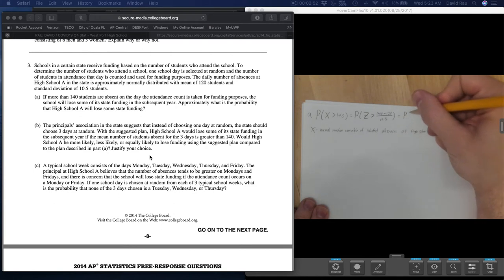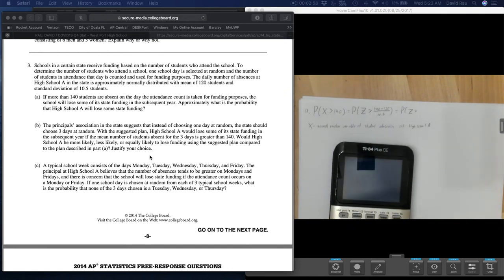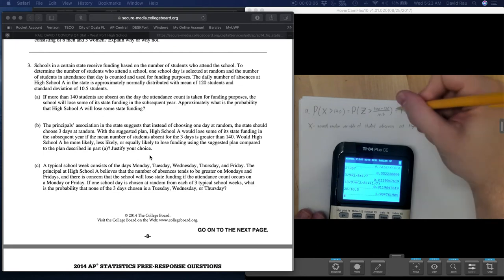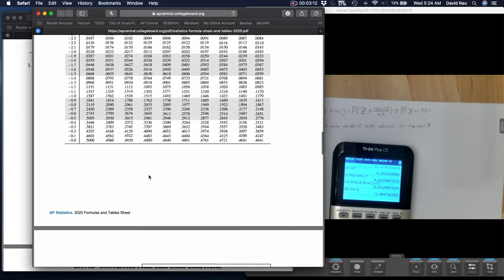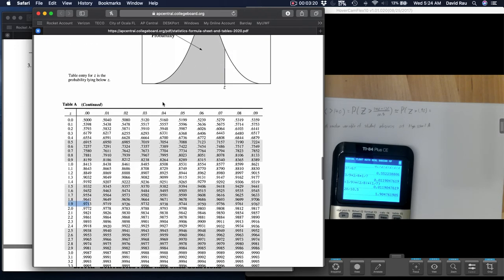Now, this is the probability that Z is greater than 20 over 10.5. What's that? That's approximately 1.90. And what is Z being greater than 1.9? Let's find the Z value of 1.9. There it is. Now remember, this tells you the area less than. We want the area more than.